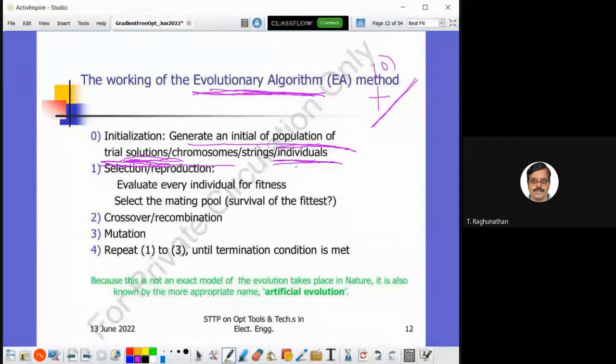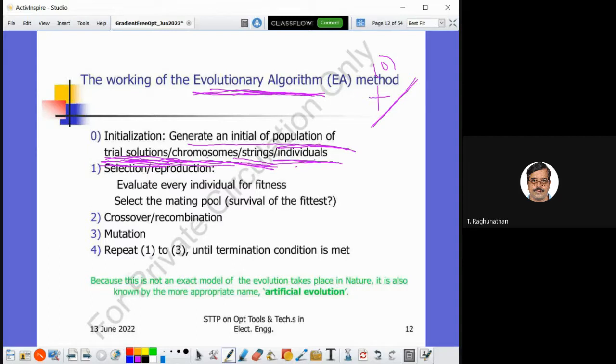Because these trial solutions resemble chromosomes, they can also be called chromosomes, because chromosomes resemble strings. The human chromosome is so long that if you pull it out into a string kind of arrangement, it can reach from Earth to the Moon.